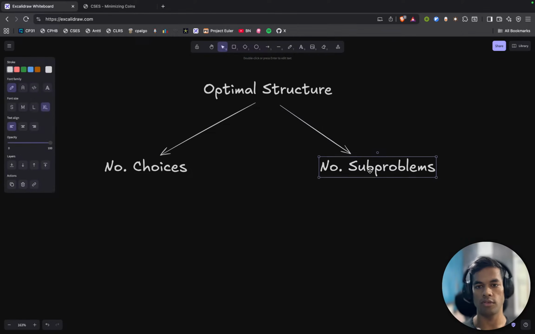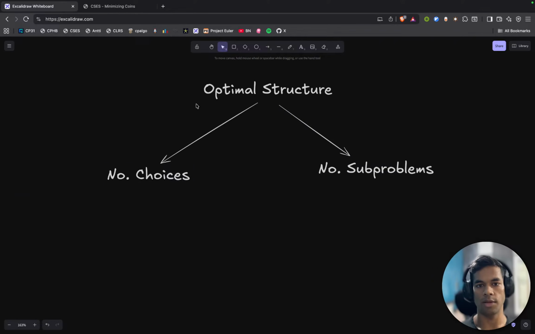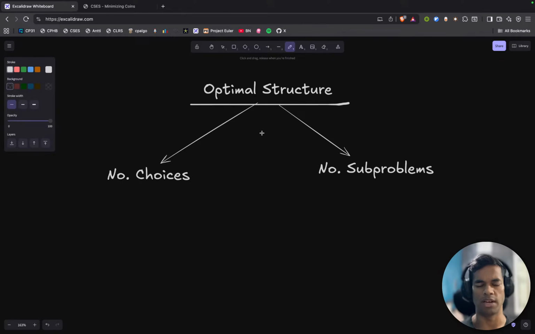These are the two things that our optimal structure can vary upon.